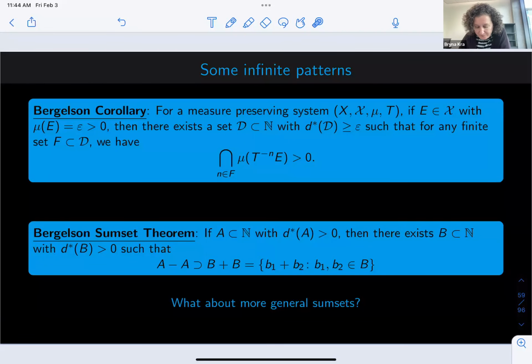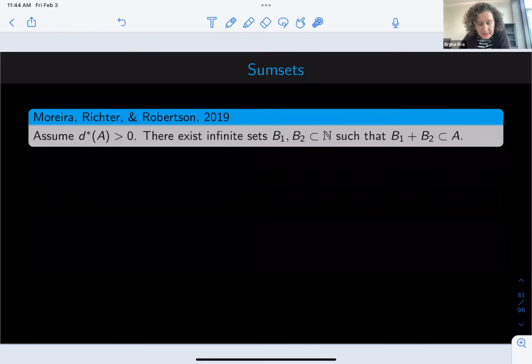So we want to understand more general sum sets and not ones that are in A minus A, but in A. And it turns out that this trick of using Fatou's lemma does not work to do the more general sum sets. And it has to do with this interchanging of the limits.